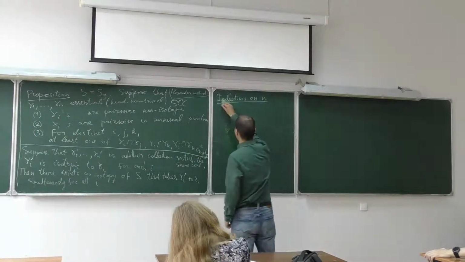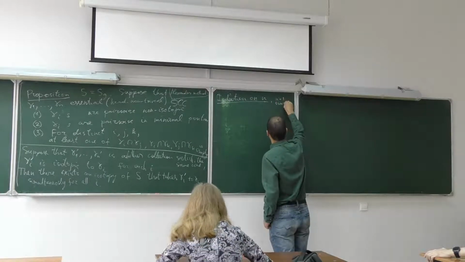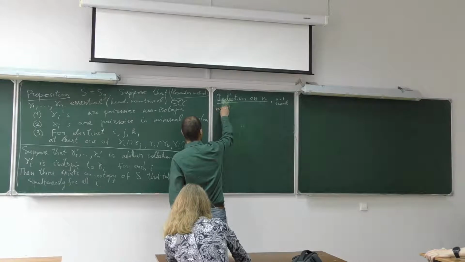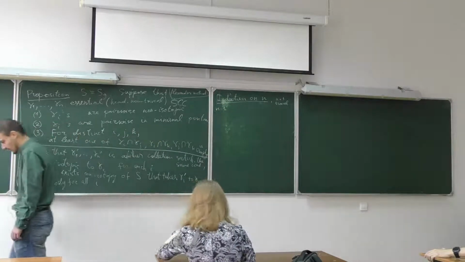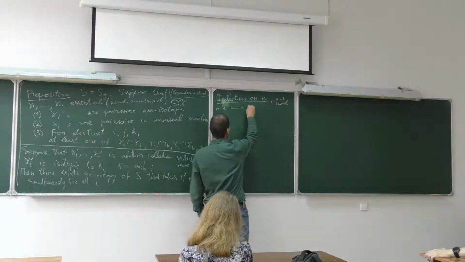So even n equals 1 is trivial. And now let us make a step. We assume that we know our assertion for n minus 1 curves, and we prove it for n curves.